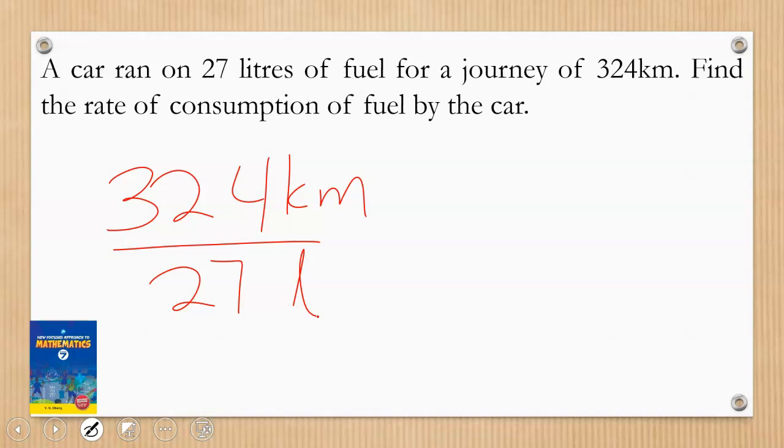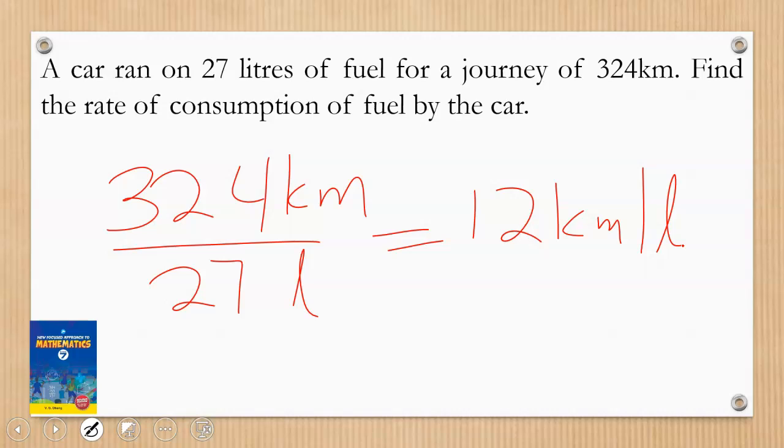We've learned how to divide numbers, so use that approach and divide. That will give you 12. So 12 kilometers per liter. That means for every 12 kilometers he will consume 1 liter.